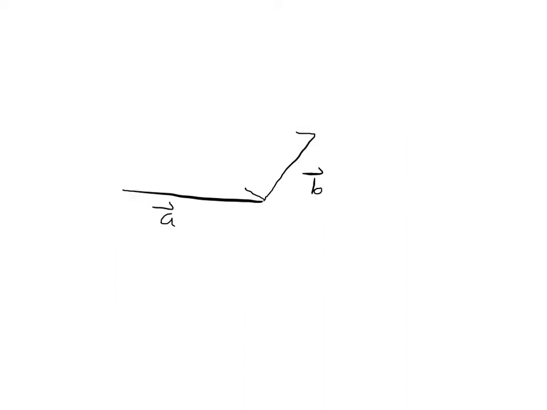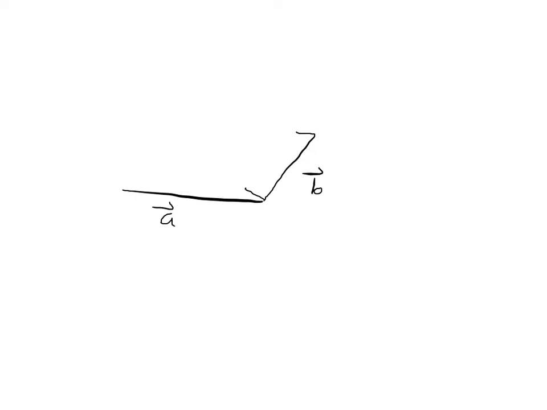Now, suppose we want to add vectors. We're going to call this the head-to-tail method or parallelogram method. There are two methods that you can do.